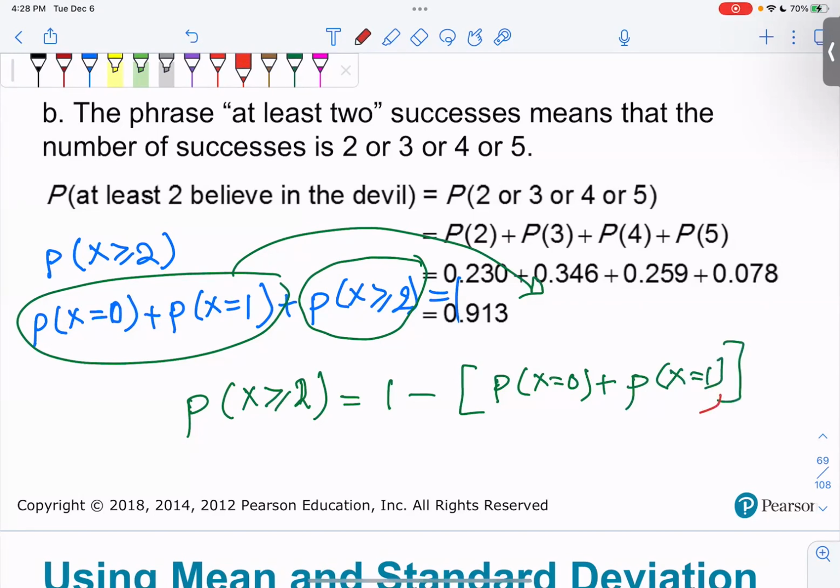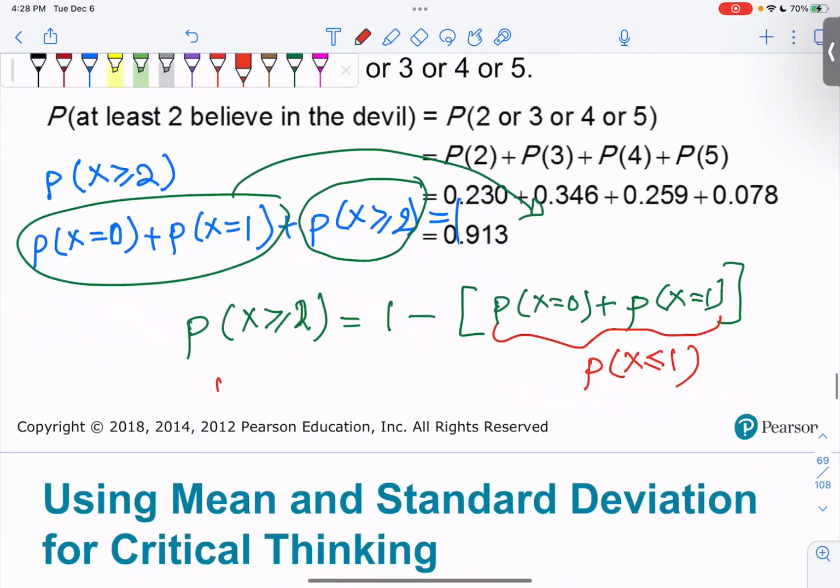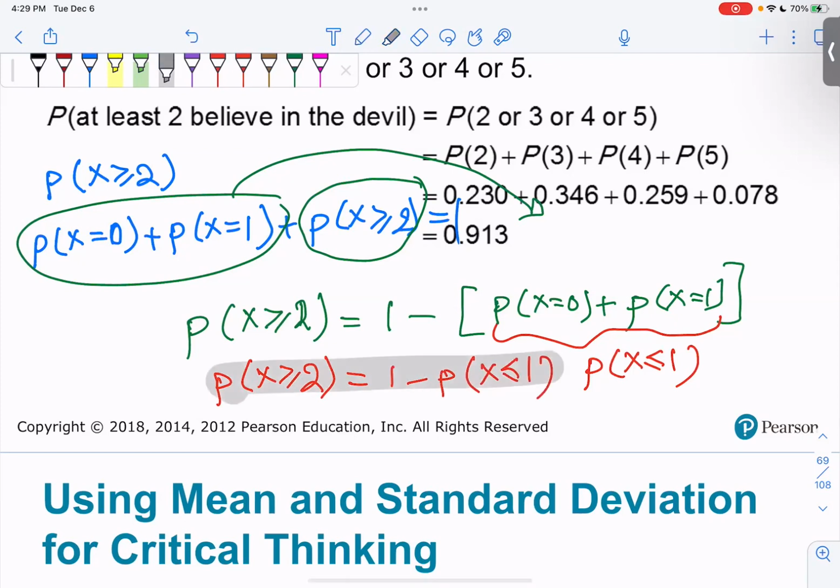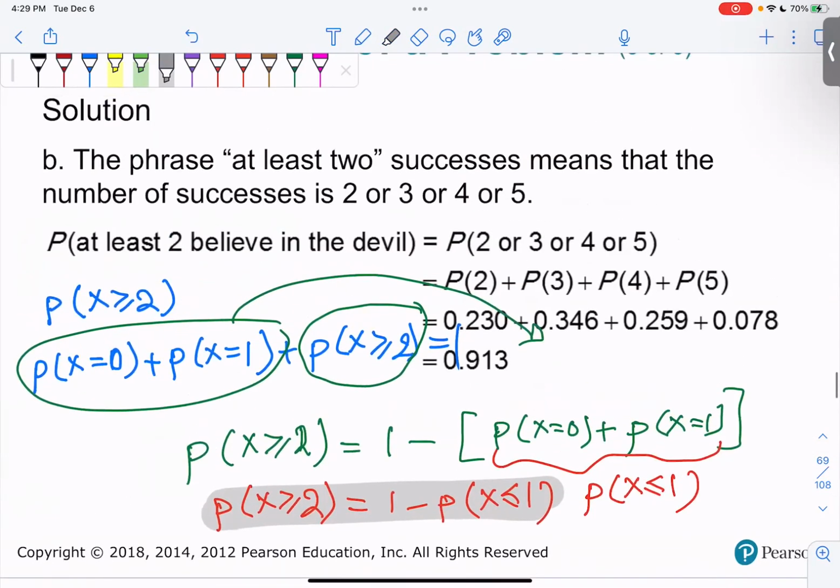Also, we can write this as probability of X less than or equal to 1. So probability of X greater than or equal to 2 equals 1 minus probability of X less than or equal to 1.